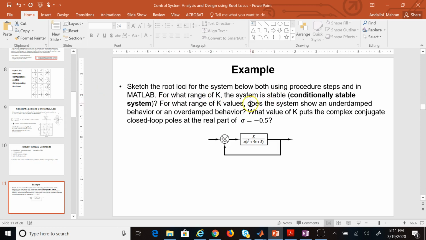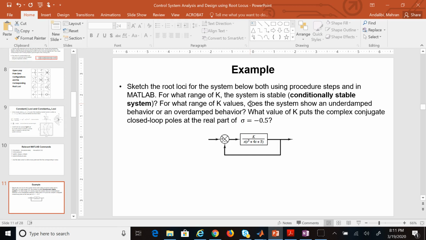Now this is asking for more. It says, for what ranges of k does the system show an underdamped or overdamped behavior? And then what value of k puts the complex conjugate closed loop poles at a real value of negative 0.5. So it has not provided their complex parts.